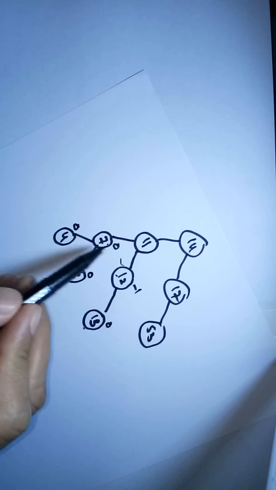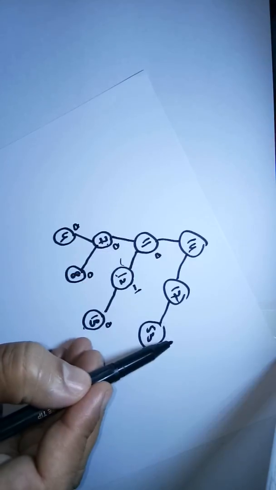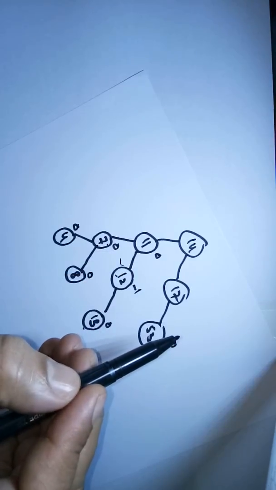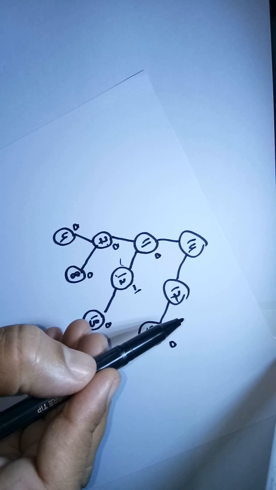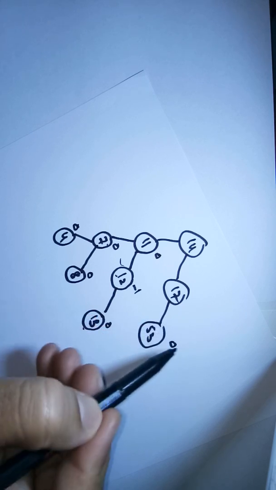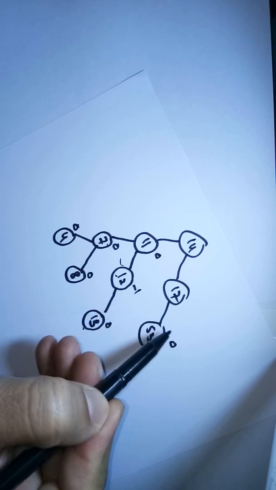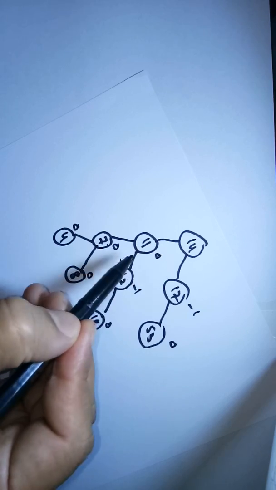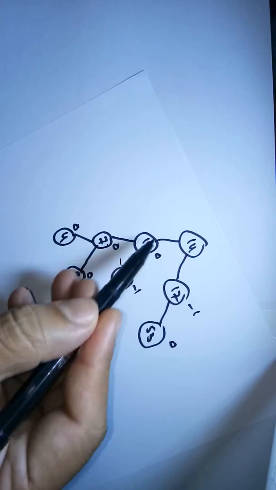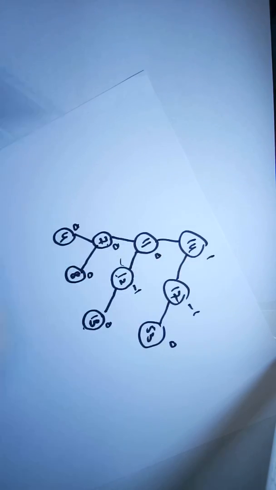So this is 2 minus 2, that is 0, fine, this is 0, fine, this is 0 minus 1, that is negative 1, fine. This is 3 minus 2, that is 1. That's perfectly fine. So this is the AVL tree.